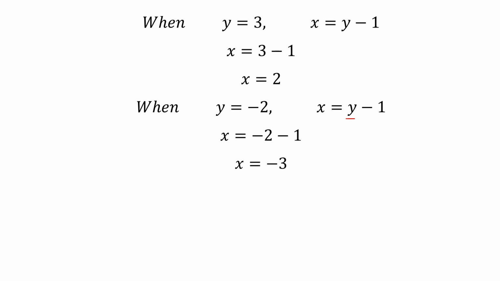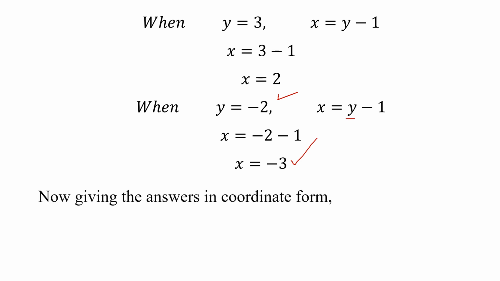So when y is minus 2, x is minus 3. So I can write this in coordinate form. I can write this in this form. Right, this simply means the first value is the value of x, the second value is the value of y.